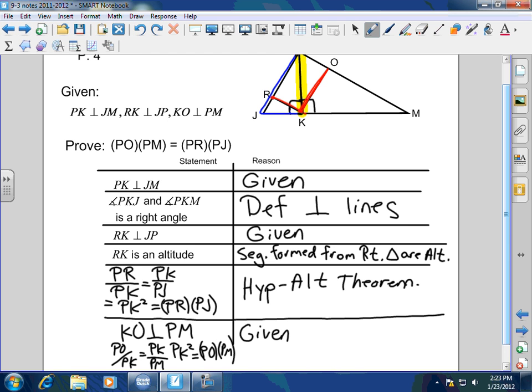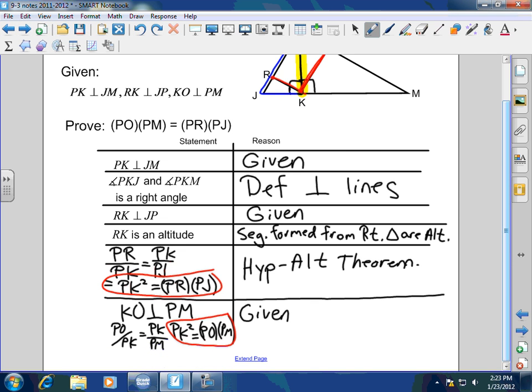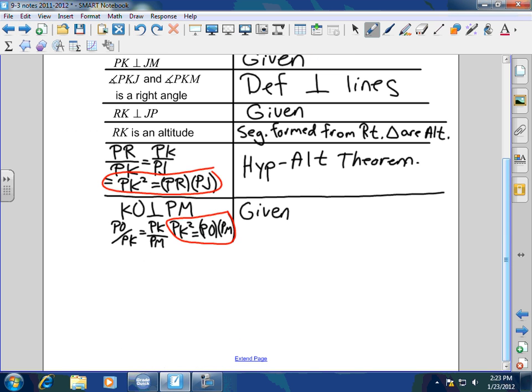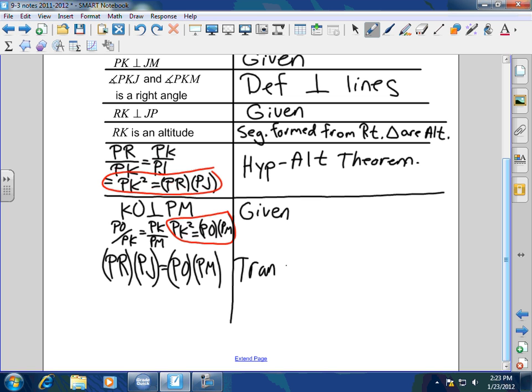You with me? So look at what we have here. Doesn't PK squared equal PR times PJ? And doesn't PK squared equal PO times PM? So can't I prove this by saying PR times PJ equals PO times PM because of the transitive property?